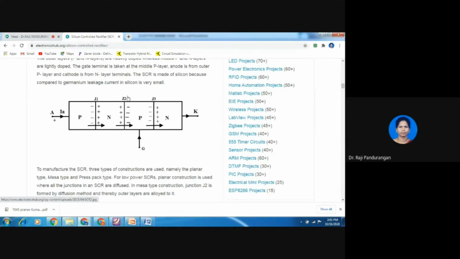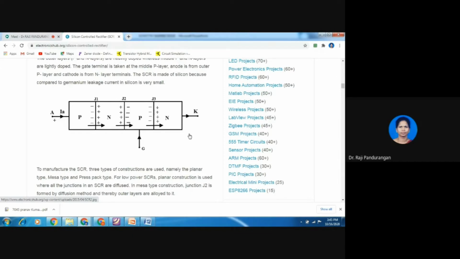We see that reverse bias of J2 is decreased, which means the potential barrier width will be lessened, and then there will be conduction between anode and cathode.